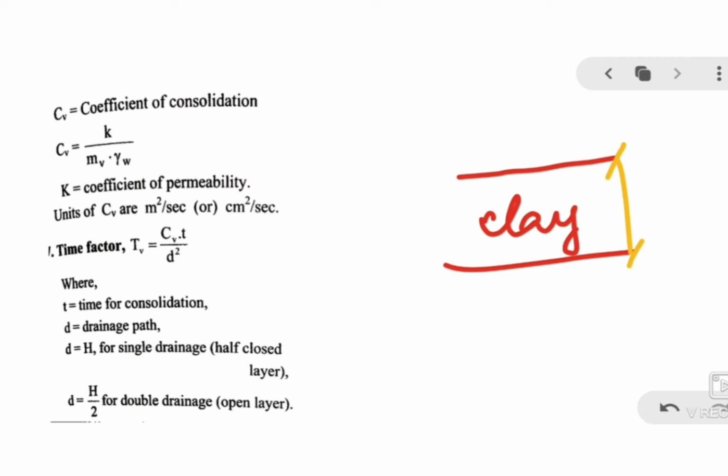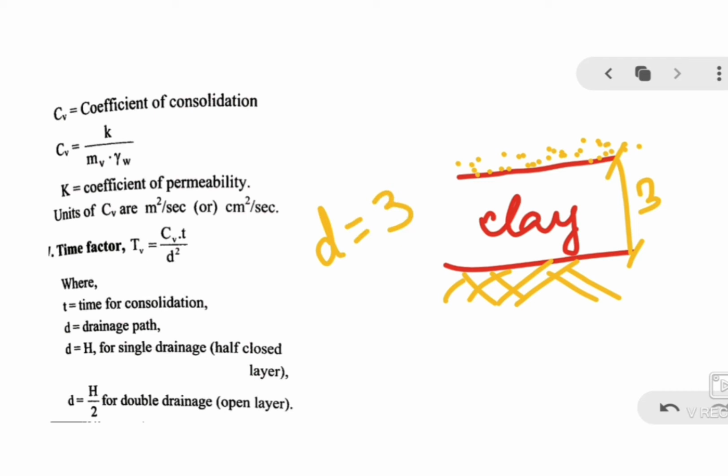In that case, if they have given that there is a sand layer present at the top or only at the bottom, any one of the sides, then you can take that it is a single drainage condition, because water will escape from this side only. The other side is an impermeable layer, right? So whatever height, say in case they have given 3 meter, then you will write d as 3 itself.